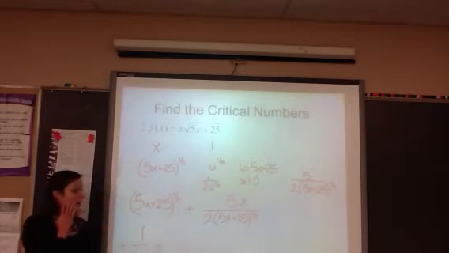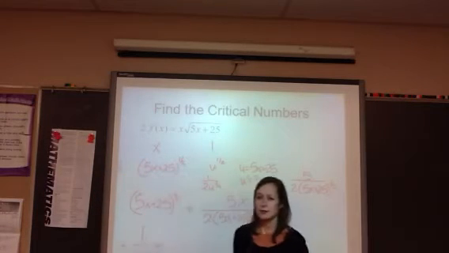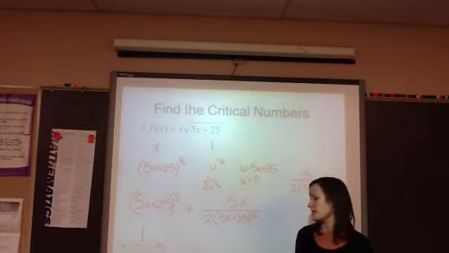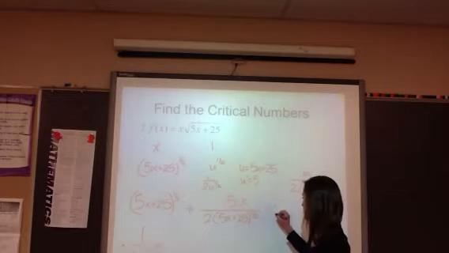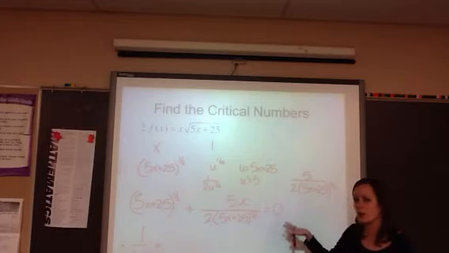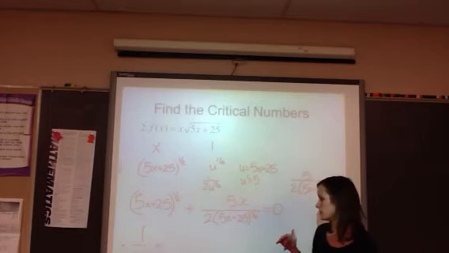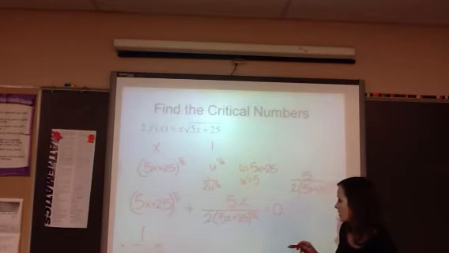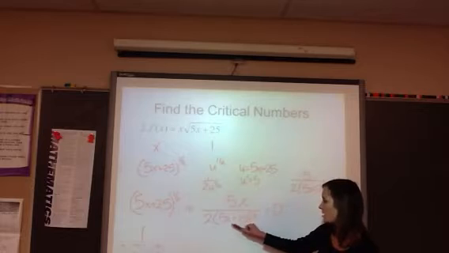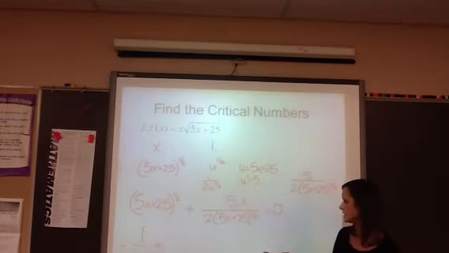Here's the hard part. This has a lot more x's in it than the last one did, so we're going to have to do a little bit more manipulation when we set it equal to 0. So remember, this was our derivative, so if we set it equal to 0, we're finding out what values of x make our graph have a horizontal tangent. To solve here, since we have a denominator, we're going to have to multiply by that to get it out of there, because we can't solve with x in the denominator.